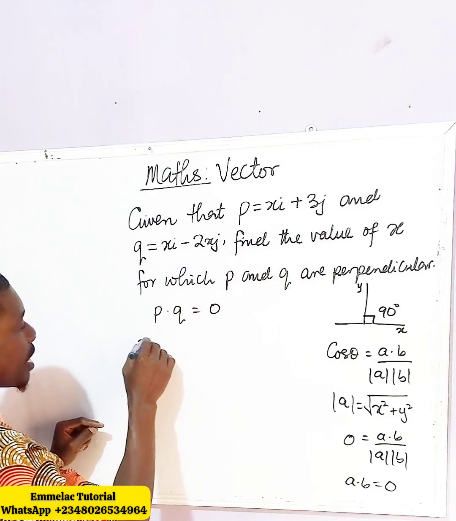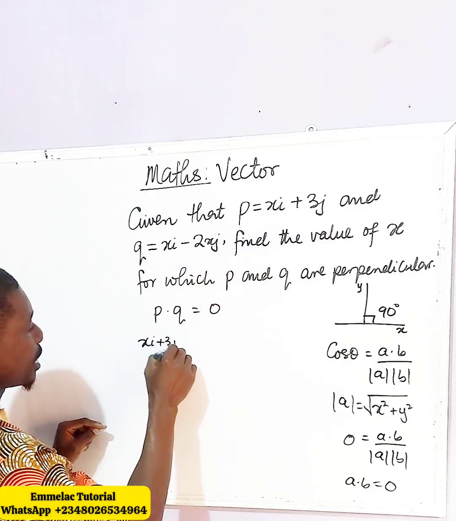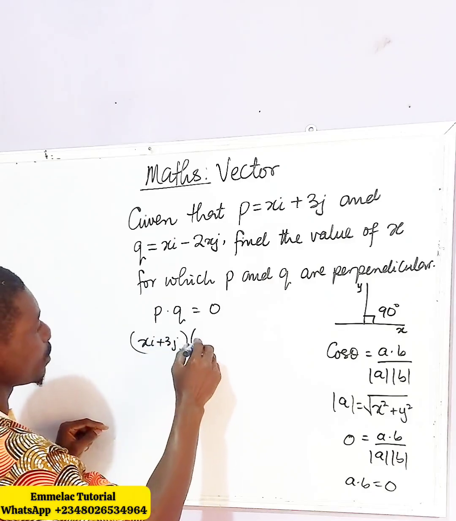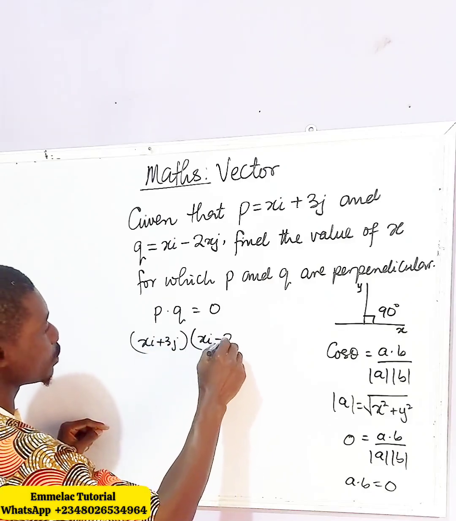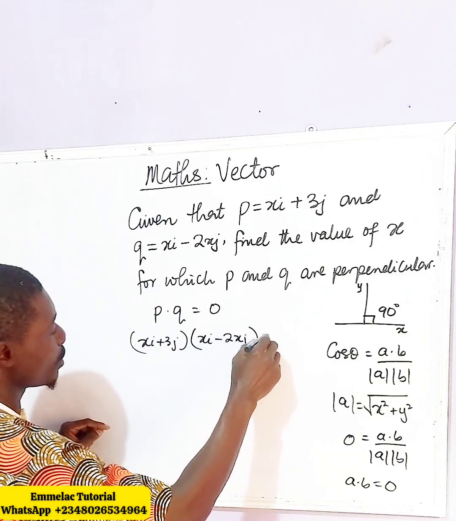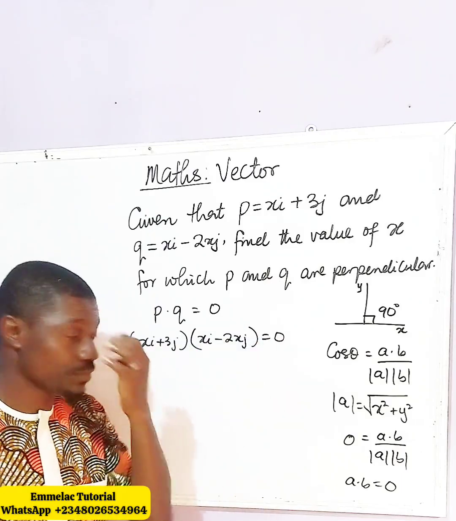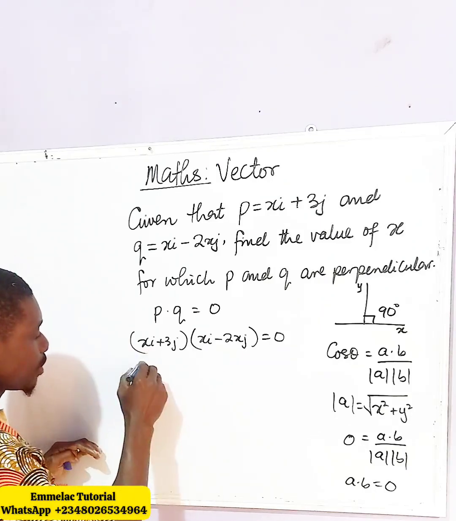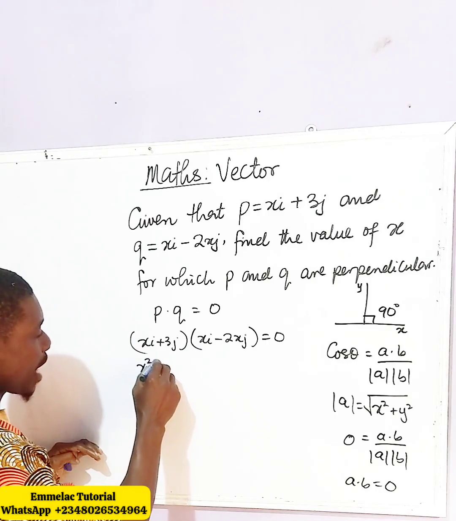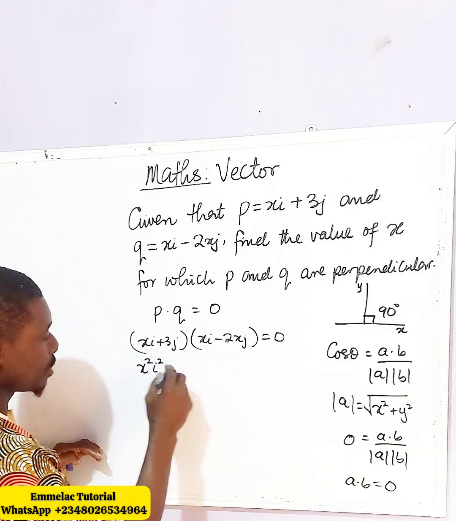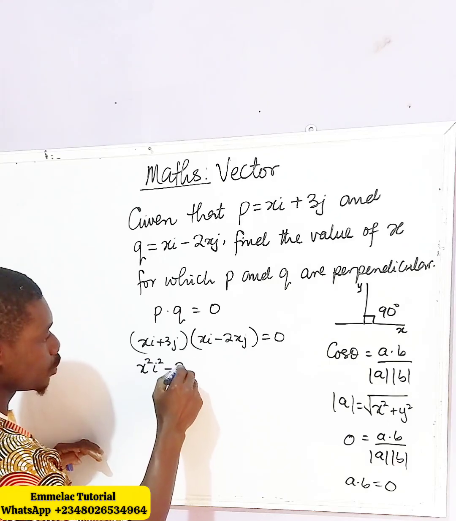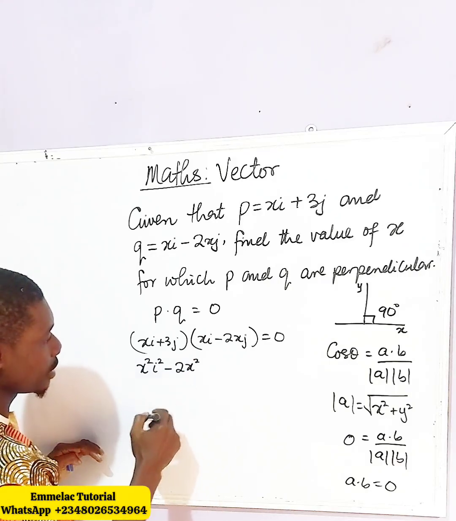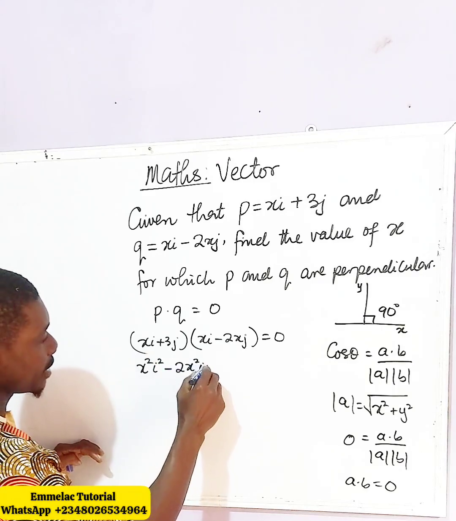So here we have xi plus 3j into xi minus 2xj all equals 0. So let's multiply this times this, which will give us x squared i squared. This times this will give us minus 2x squared ij.